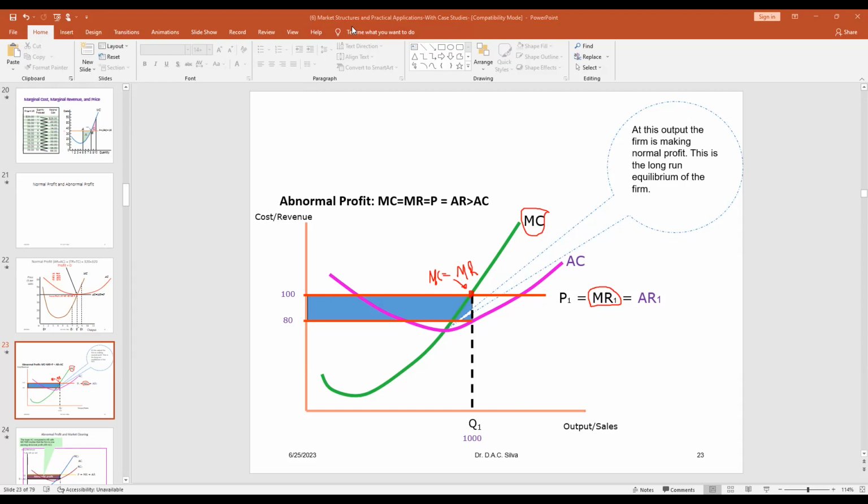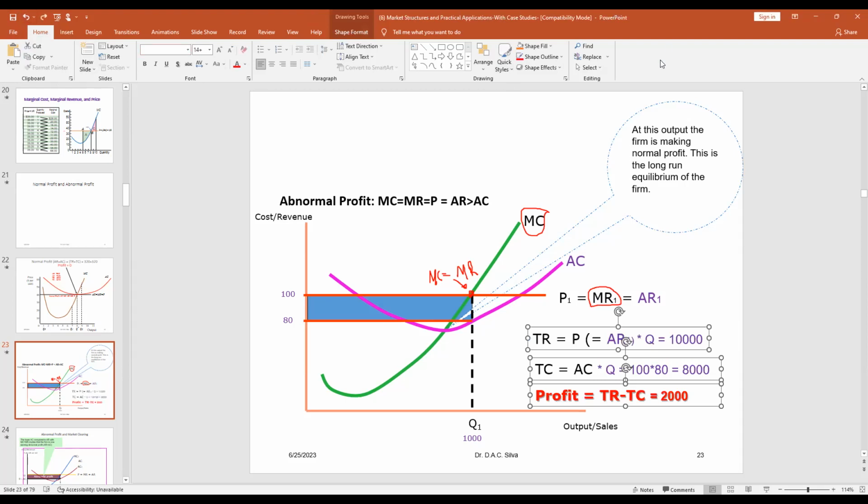The total revenue, sir, 100 by 1000, it is 100,000. Yes. And the cost, how much cost? 80 by 1000. That's right. That is the answer, right? I think you got the point, right? So this is the 80,000.